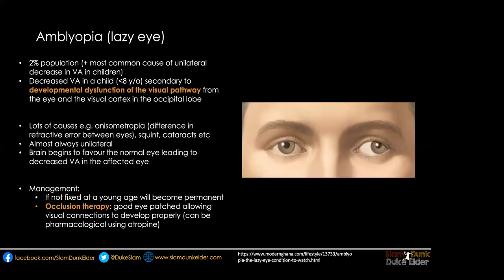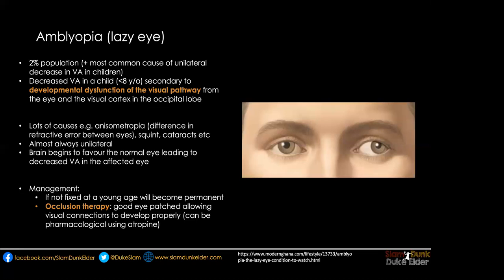It's worrying because if it's left uncorrected, the brain will start to favor the normal eye and neglect the affected eye, with a decrease in visual acuity. So it needs to be picked up quite early in young children, and then you can correct it.